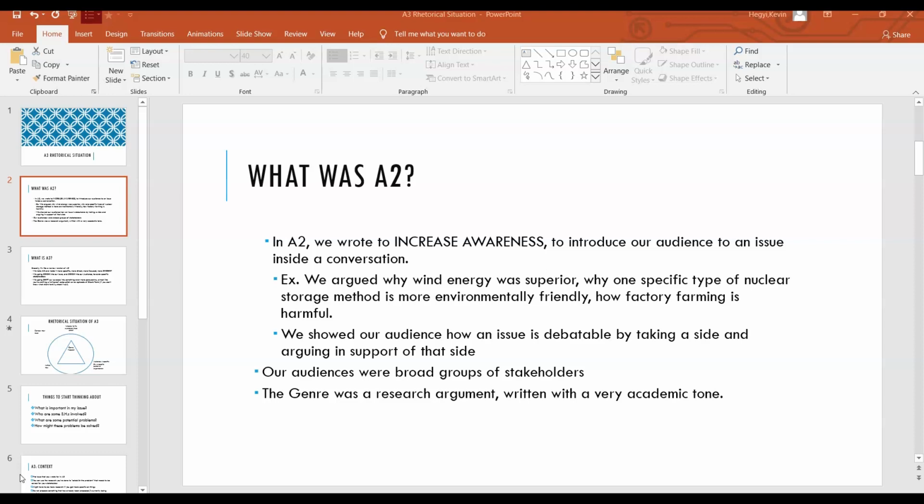The genre of this was a research argument, and what we're going to shift into is ultimately going to look and feel a little bit different. The research argument was written with a very academic tone and a very classic double-spaced Times New Roman format. It was a very scholarly academic genre, and we're going to see how A3 shifts that a little bit.